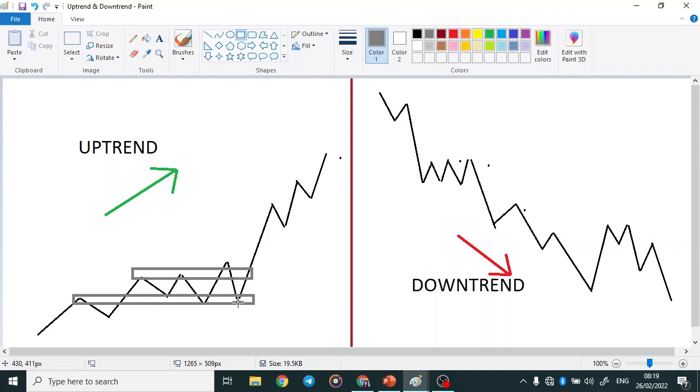So we zoom in and look for the candlestick patterns. Do we have a doji? Do we have a hammer, inverted hammer? Do we have an indecisive candlestick? Do we have a shooting star, morning star?